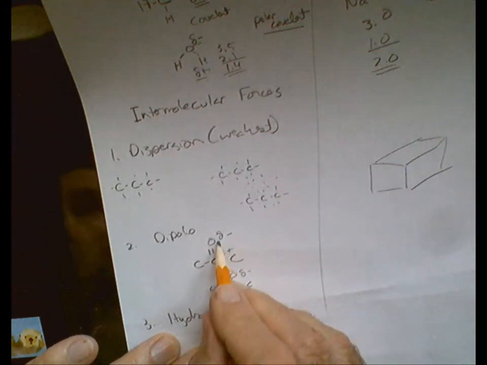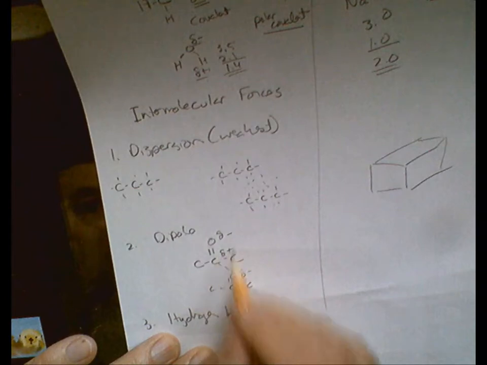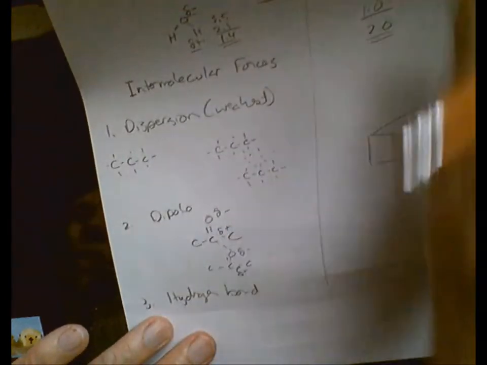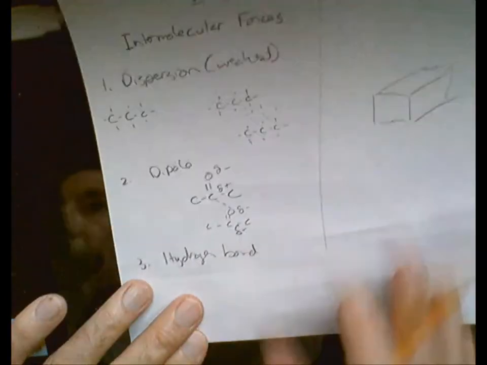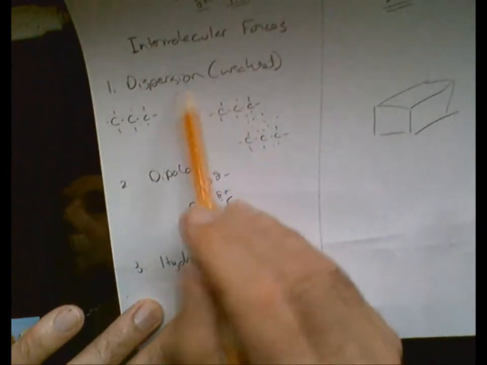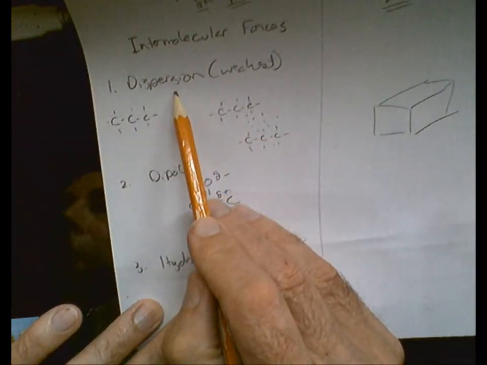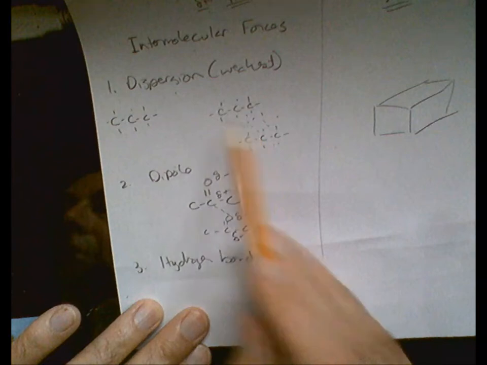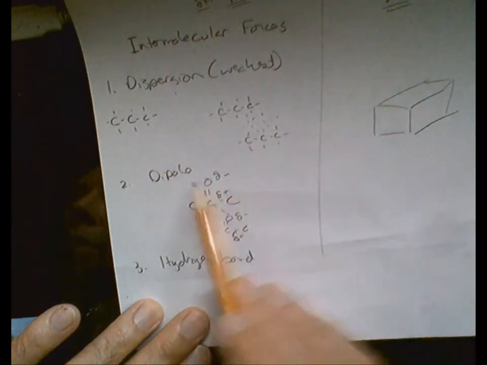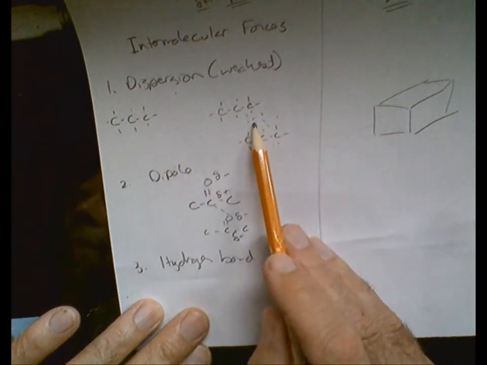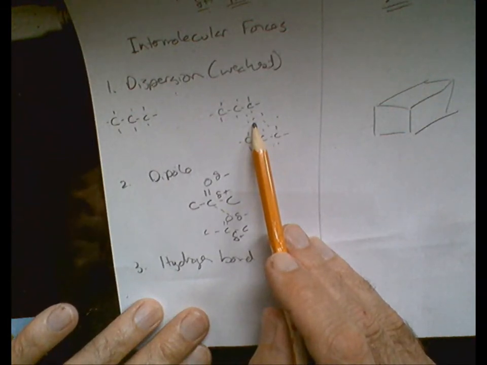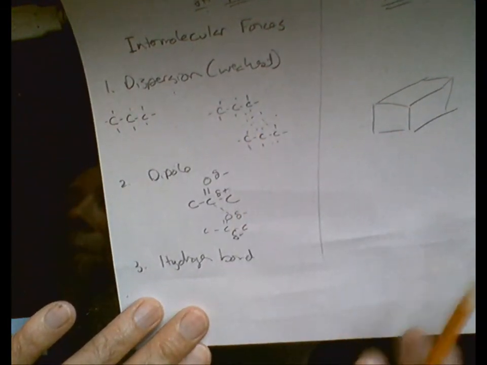This little symbol here just means slight negative, slight positive. Dipoles have stronger forms of attraction. Now, with the dispersion, there are ways that you can increase this attraction. For example, larger molecules will have more dispersion forces. So fats have dispersion forces, yet they're solids because they have more of those dispersion forces.